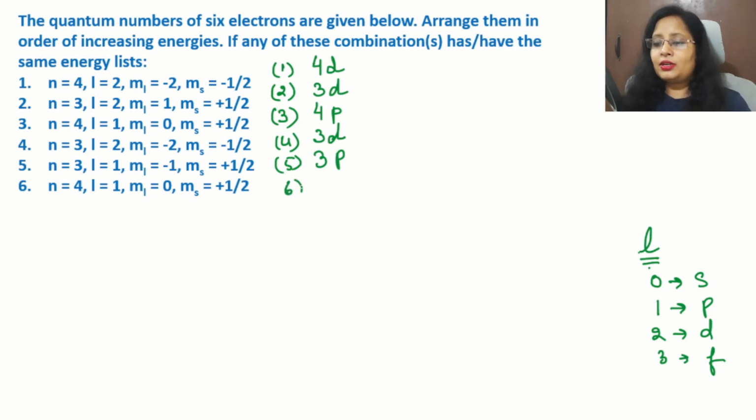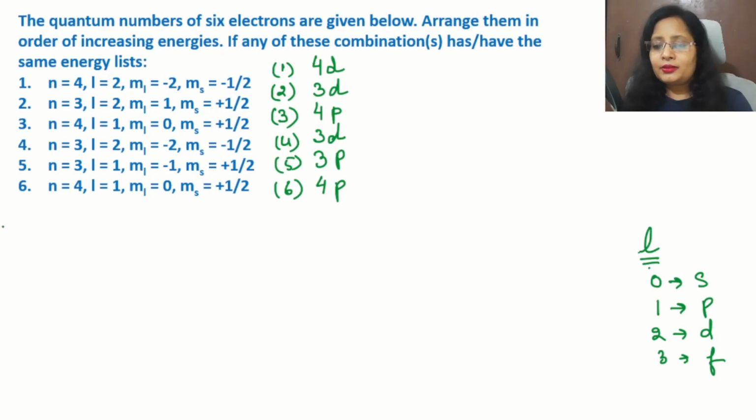Now the sixth electron, n is equal to 4, shell number 4 and orbital number 1 means p, 4p. In this way we find the position of each electron. Now we will arrange these orbitals in their increasing order of energies using the above principle.